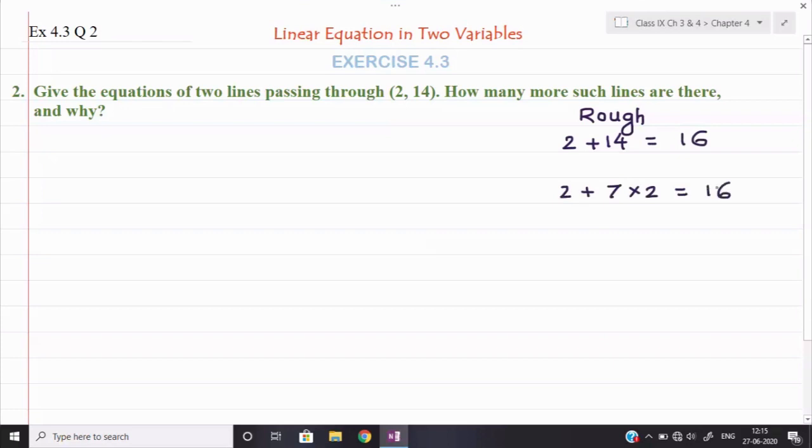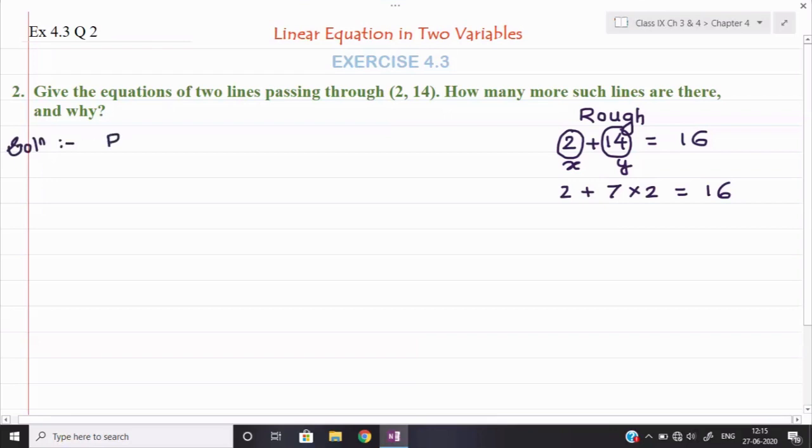Now suppose in the first equation, this 2 you take as x and this 14 you take it as y. So we can say in the solution, now see the magic, easily we got the answer here. Okay, I will show you how the answer came.